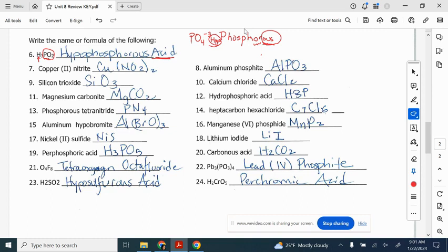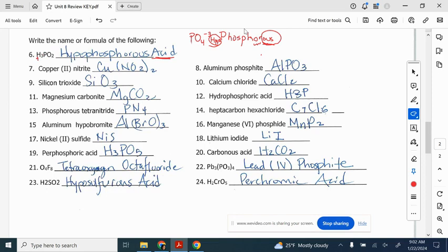All right. What is that? That is the answer to this question here. That is what H3PO2 is. So you look to see, does it have hydrogen at the beginning?